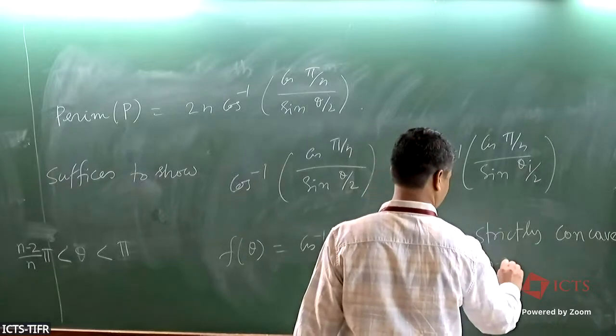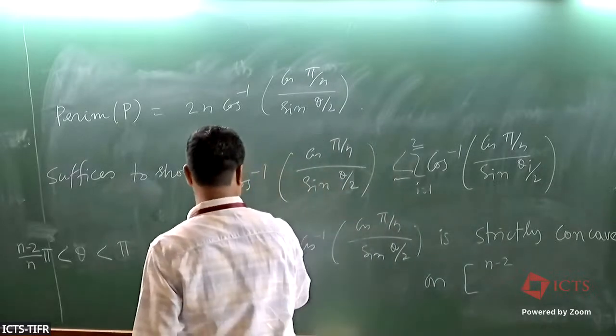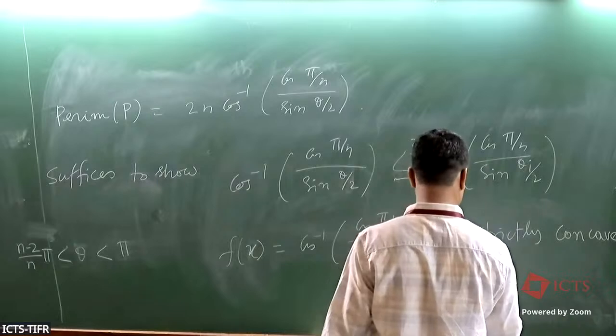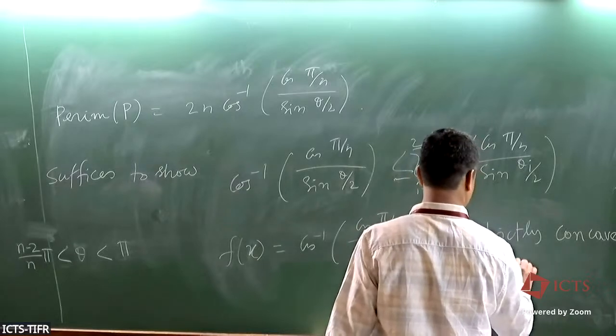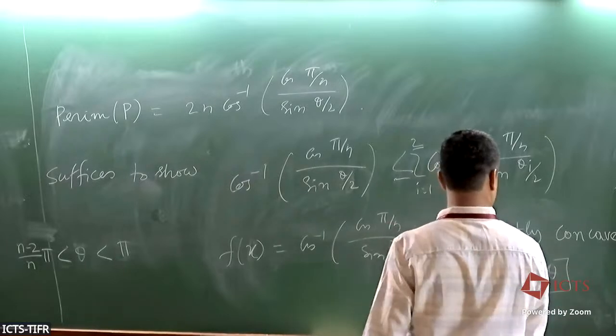Here let me use the parameter x, so x in the interval n minus 2 over n pi to theta.